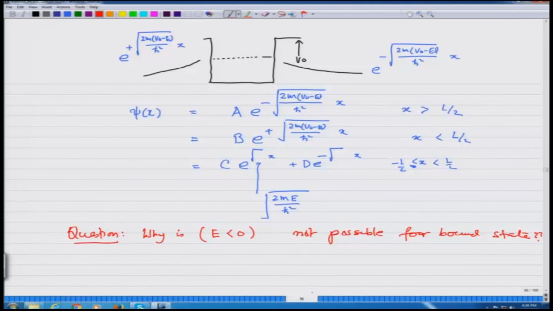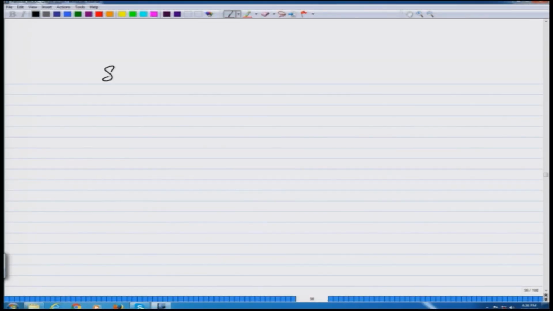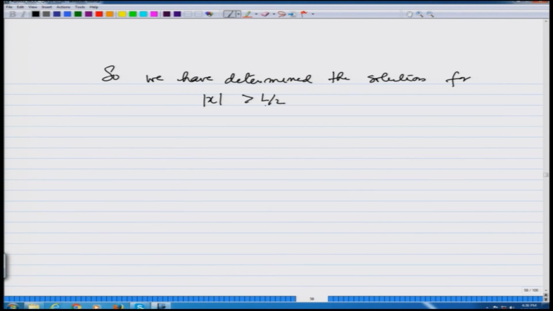So, we have determined the solution for the region mod x greater than L by 2.